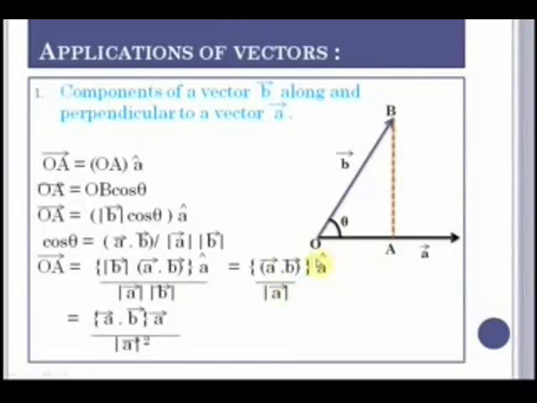Now a unit vector is equal to vector A divided by modulus of vector A. So this would be equal to A dot B times vector A divided by modulus of vector A whole square. Thus the component of vector B along OA is given by vector OA, and this is equal to A dot B times vector A divided by the square of modulus of vector A.